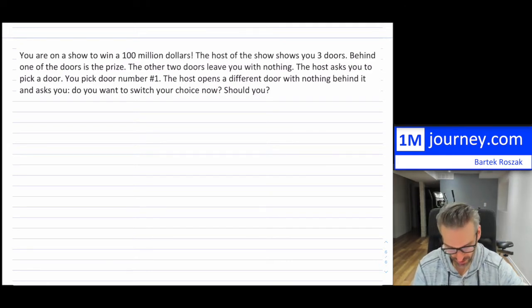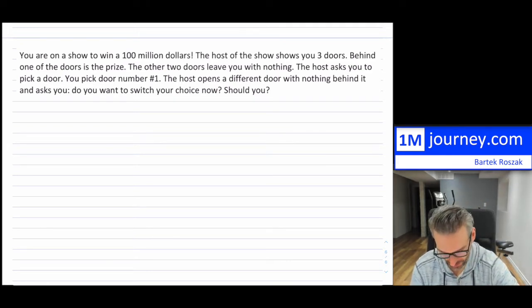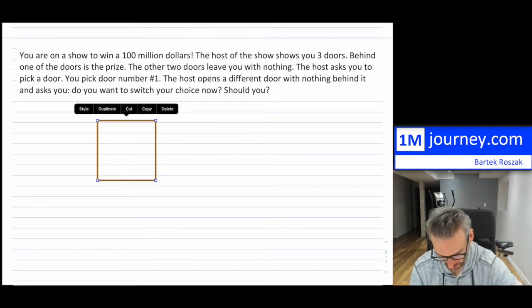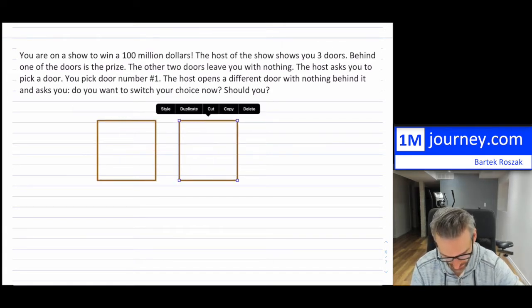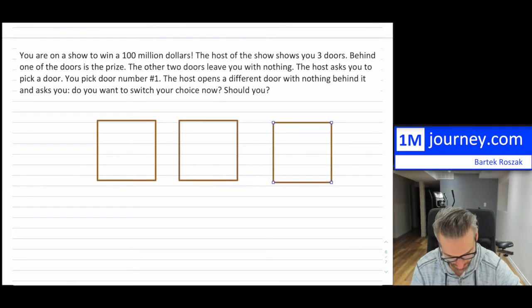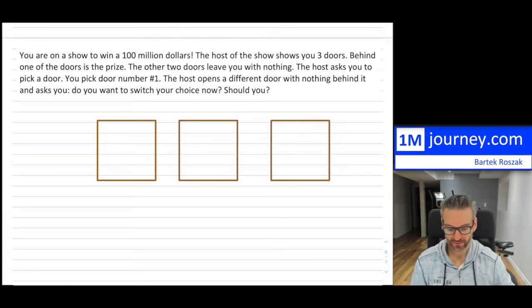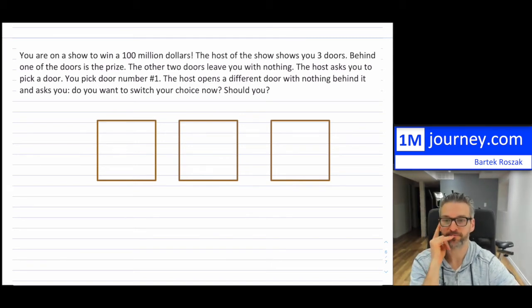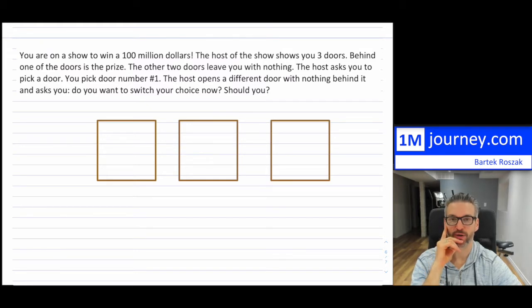For most people, when they think about this problem, you have 3 doors: door 1, door 2, door number 3. If you pick door number 1, and then the host opens a door which is empty, that means there are only 2 doors left, and behind one of those doors is the prize.